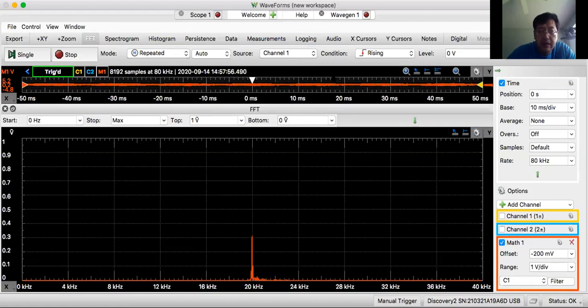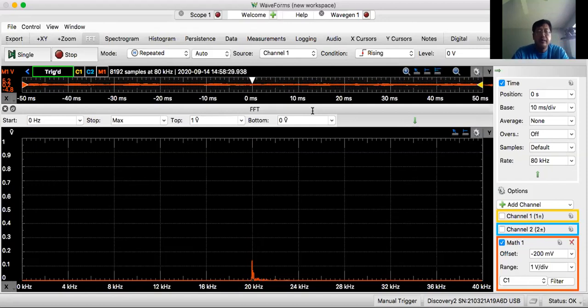Instead of a band stop, I will do a bandpass filter. So I will do 20.1K to 25K.